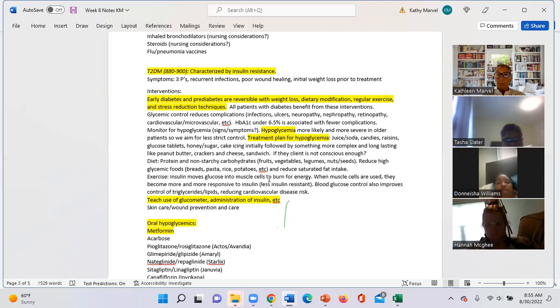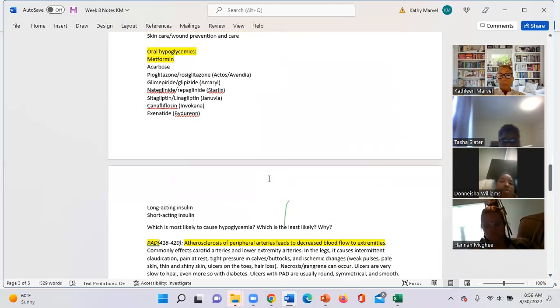For developing type 2 diabetes, or just in general, it's the 3 Ps. Recurrent infections, poor wound healing, initial weight loss. Saw a lot of that in the schools. The kids had significant weight loss. That was a key factor. Unexplained weight loss. Okay. So have a look at that section.